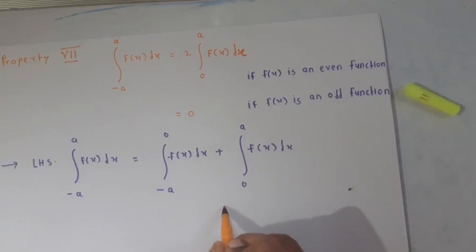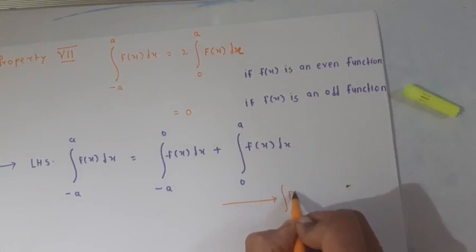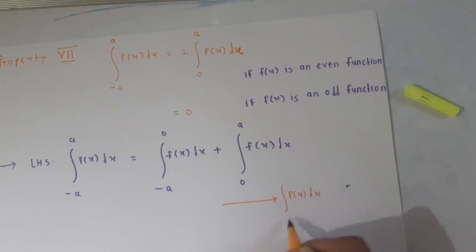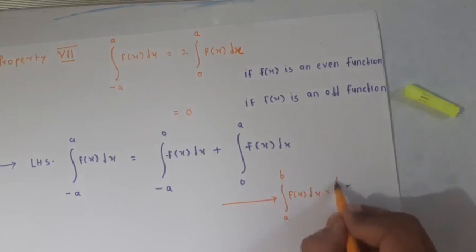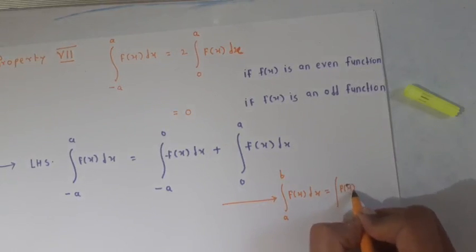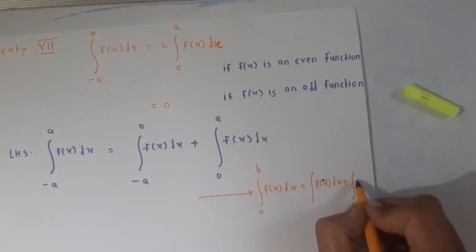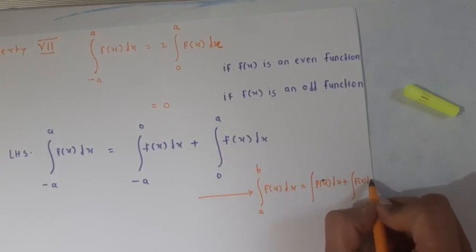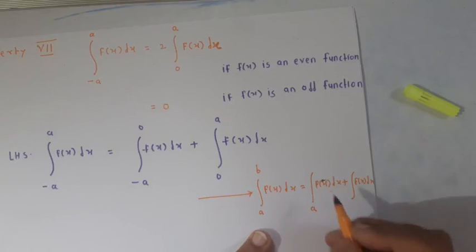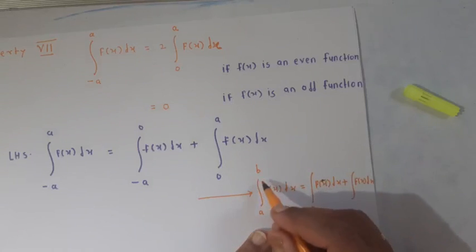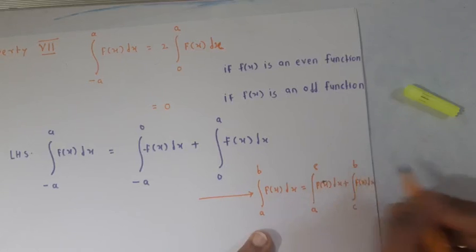Here, by using the property that integration of f of x with respect to x, limits a to b, is equal to integration of f of x with respect to x plus integration of f of x with respect to x, with limits a to c and c to b.